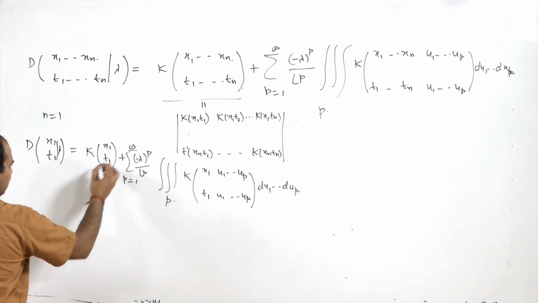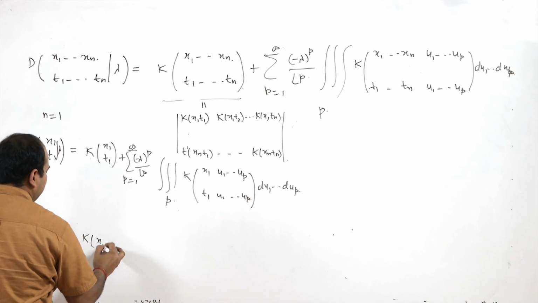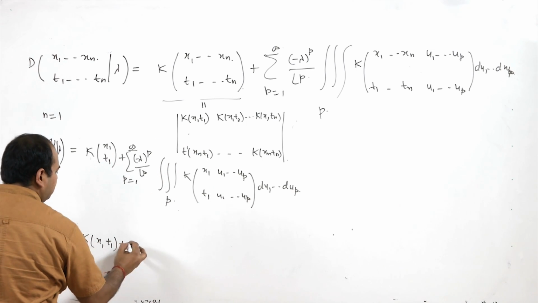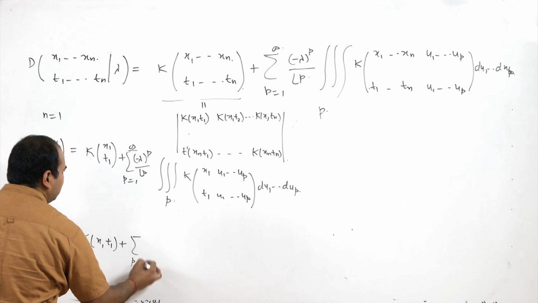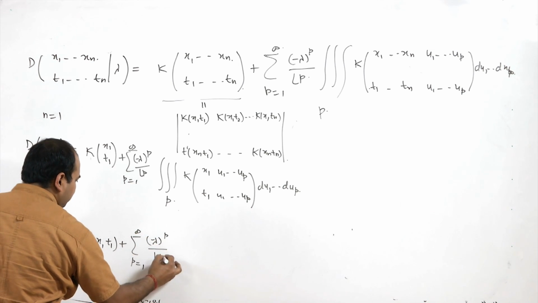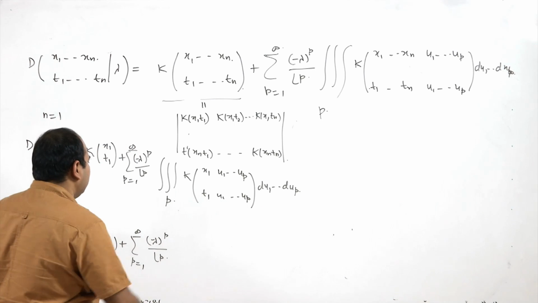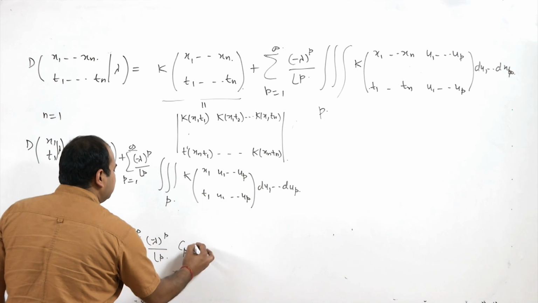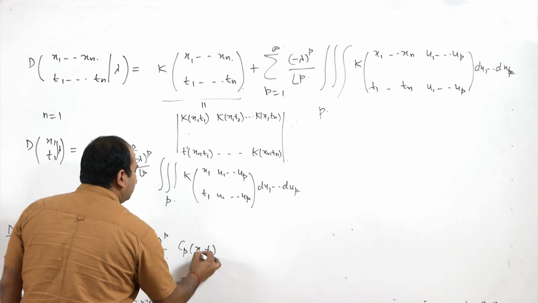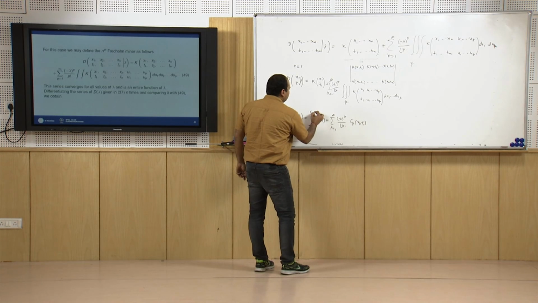This is K(x1, t1) using this notation, it is nothing but 1 cross 1, that is K(x1, t1) plus the summation p equal to 1 to infinity of (minus lambda) to the power p upon factorial p. And if you simplify this, you can say that this is nothing but C_p(x1, t1), and this I can write as C naught(x1, t1).